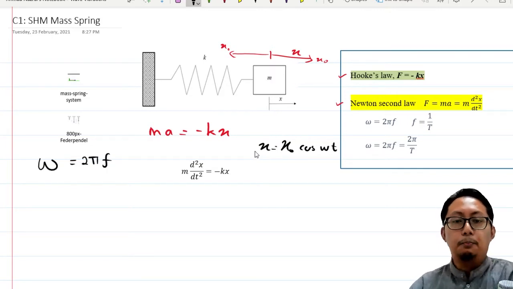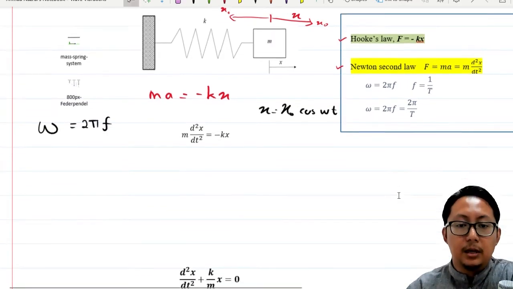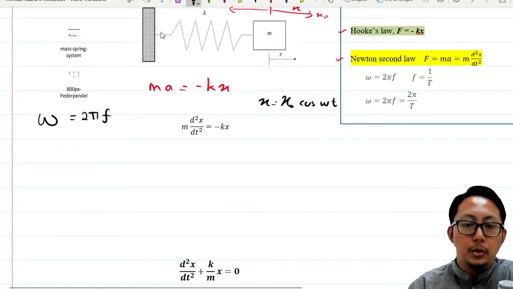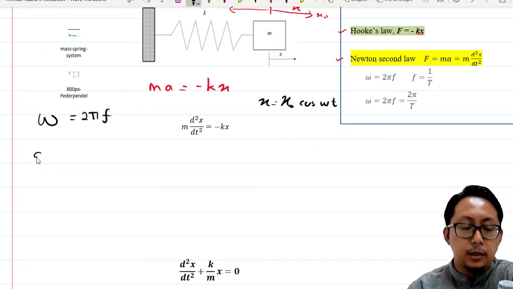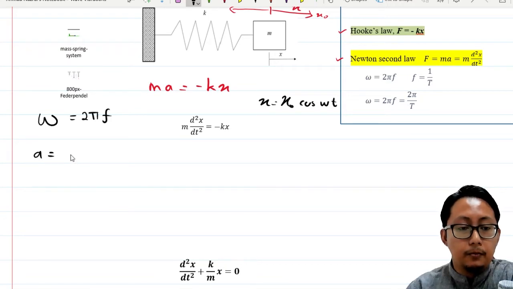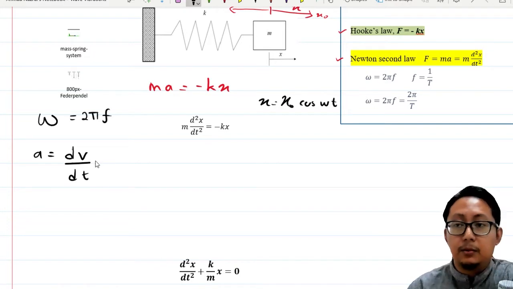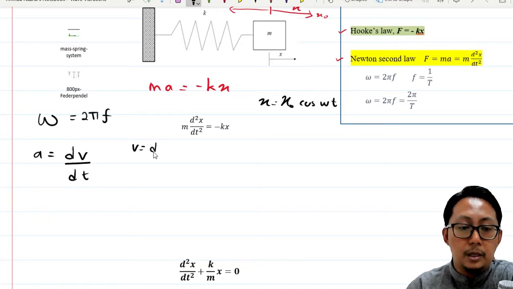To do this calculation, we know that acceleration itself is equal to dv over dt, where v is the velocity, and we know that velocity is equal to dx over dt, the differentiation of the displacement over time.